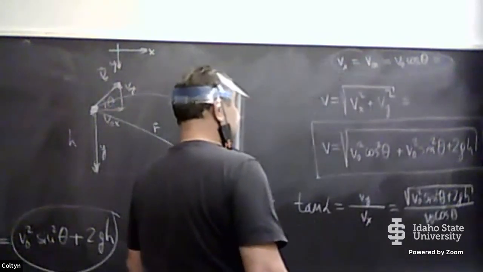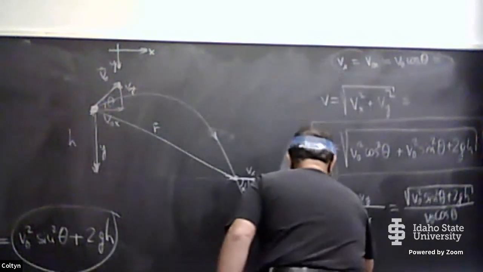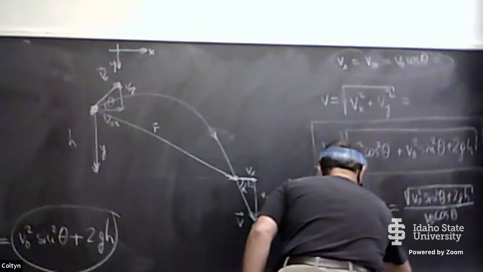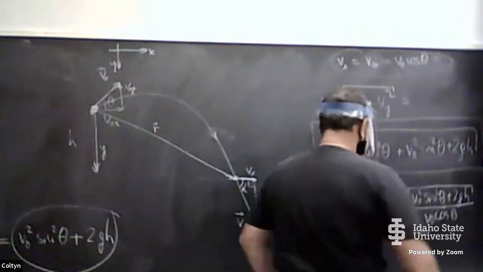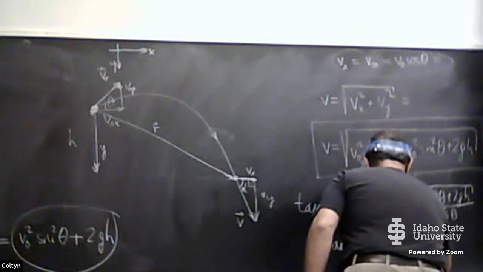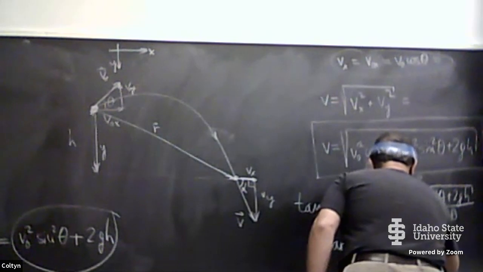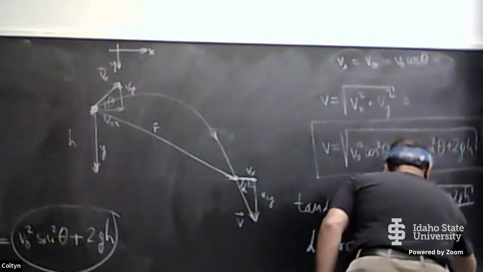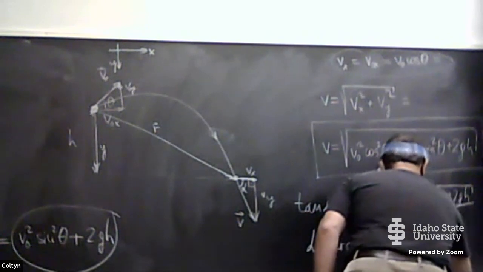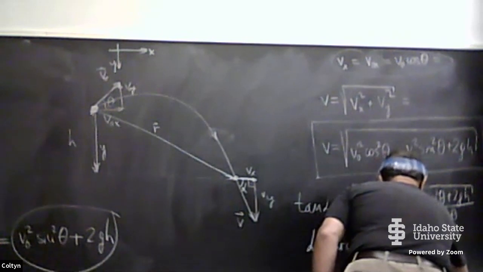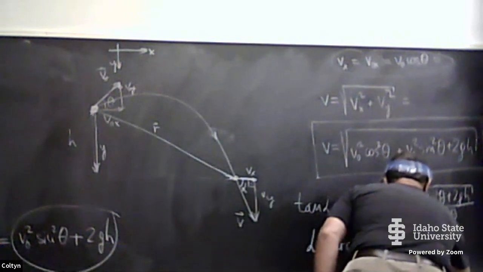And therefore, the angle itself, the angle alpha, is inverse tangent of that expression: square root of V naught squared sine squared of theta plus 2gh, all of this divided by V naught cosine of theta.